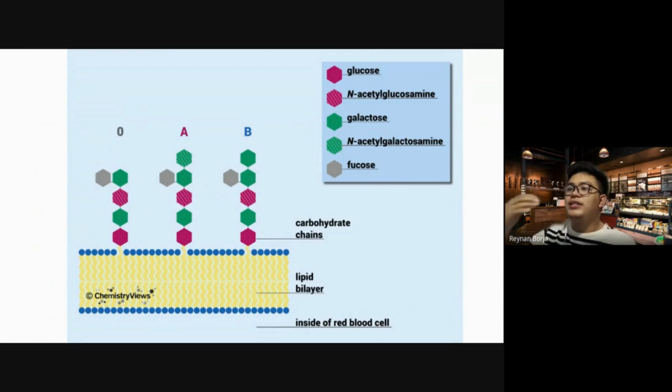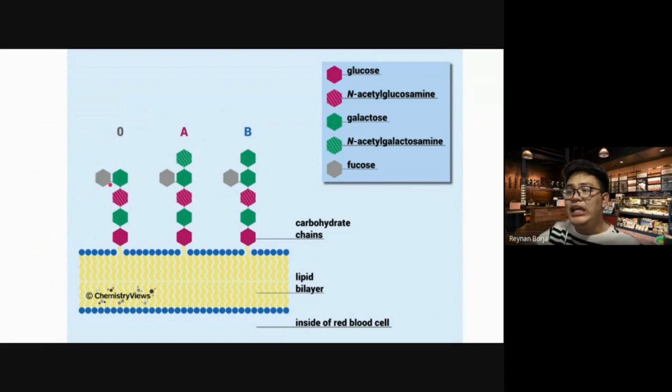Okay. Di ba nasabi natin, yung immunodominant sugar ng blood group A is your N-acetyl D-galactosamine. Si B naman is your D-galactose. Si O, technically wala. Pero ang alam natin is your L-fucose. Tama. Kahit sa ibang journal and datas is si blood group O is the immunodominant sugar niya is your L-fucose.